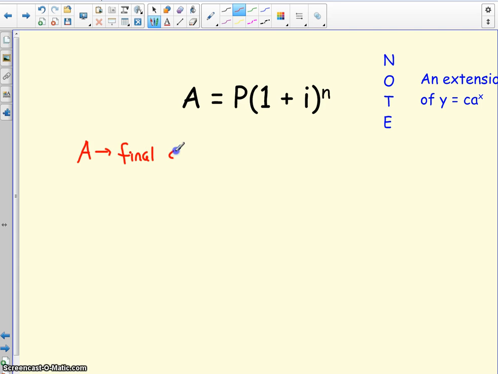Okay, so you should have this down in your notes, all the different parts of the compound interest formula. A is the final amount or final value of the investment or loan amount. P, just like with simple interest, is going to be your principal.